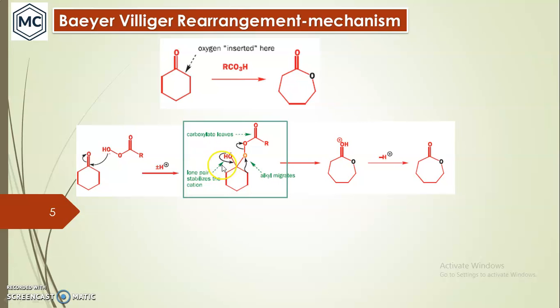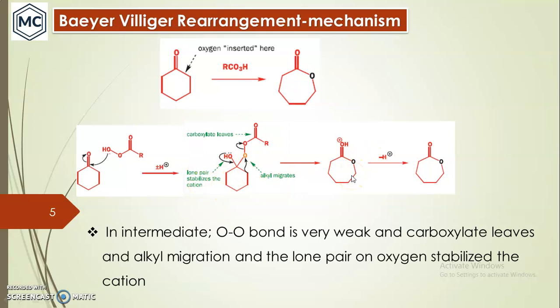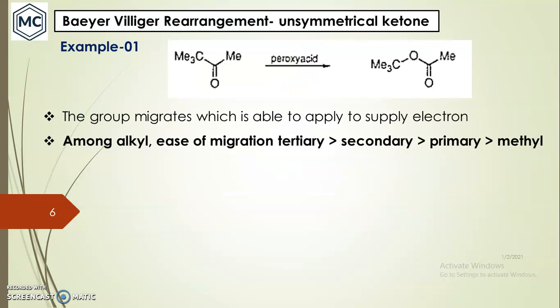At the same time a lone pair on this oxygen stabilizes the positive charge, the carbocation formed here after the migration, and you get a product like this, right? Then finally H plus gets removed, and you get the final product, that is a cyclic lactone, right?